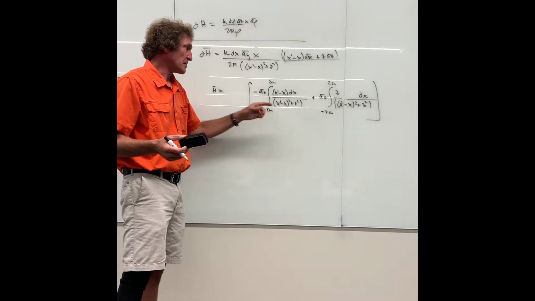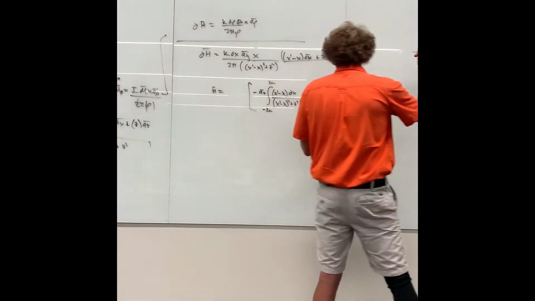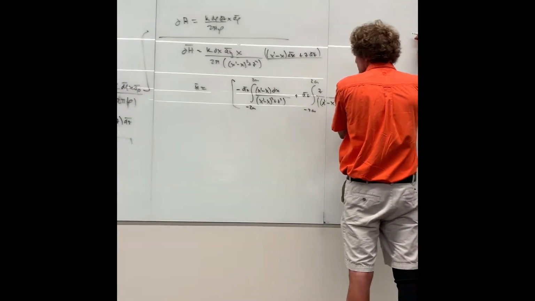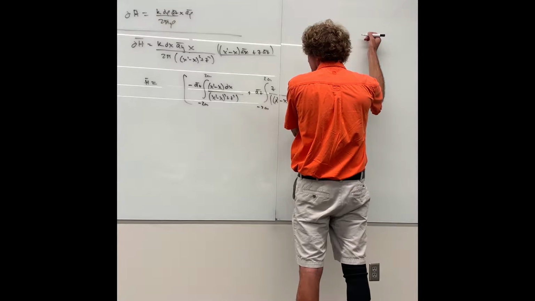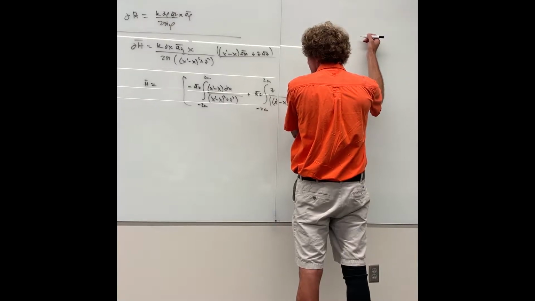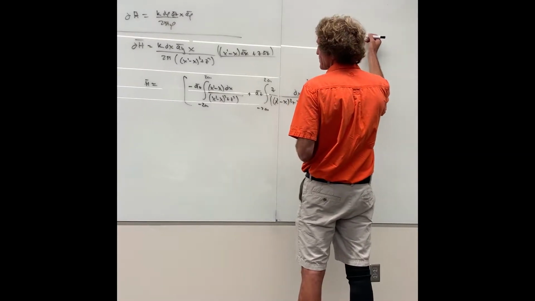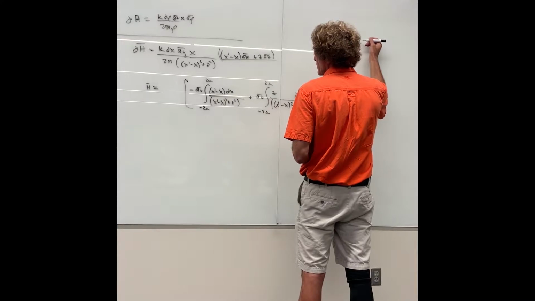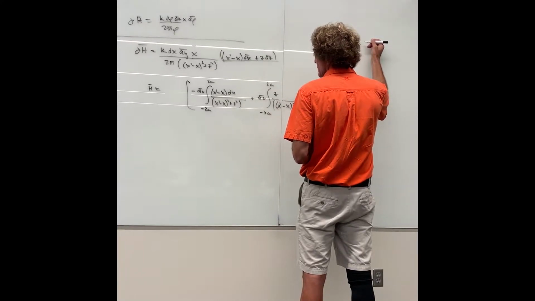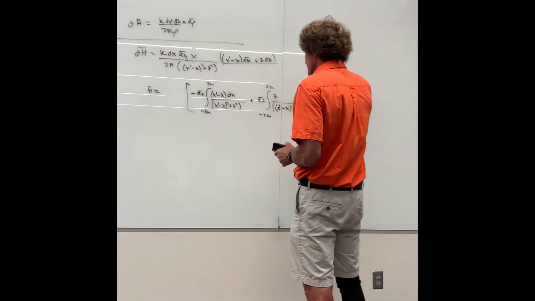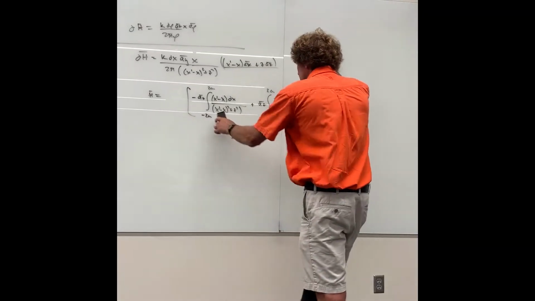I think, let me just try this. First, I'm going to say that really this looks like, let's try to do this the easiest way. Yeah, I think we can do it this way.